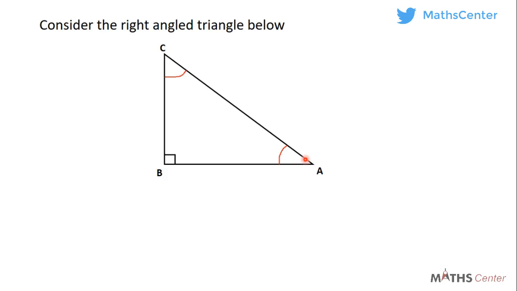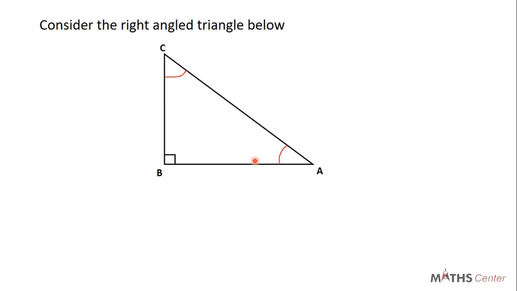So these two angles will be acute angles. These two acute angles, we can find them using the trigonometric ratios. So if we know the length of the sides of this triangle, we can use the trig ratios to find the value of these angles.